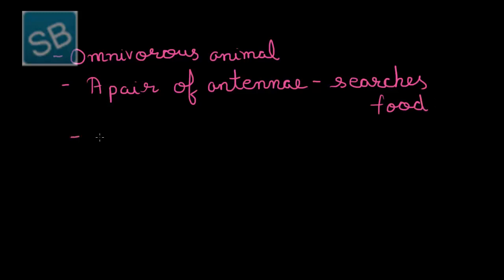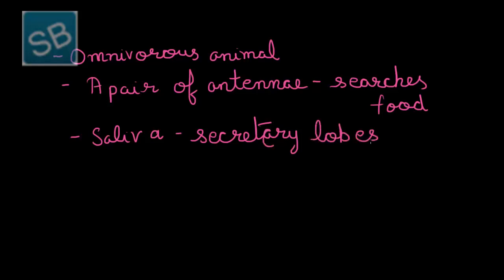A pair of salivary glands secrete saliva that is secreted by secretory lobes, which consist of mucus, which helps in making food wet, due to which easy digestion can occur.